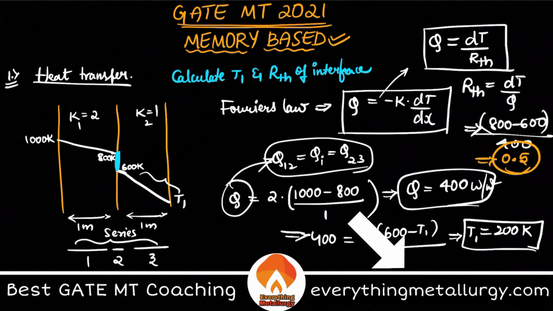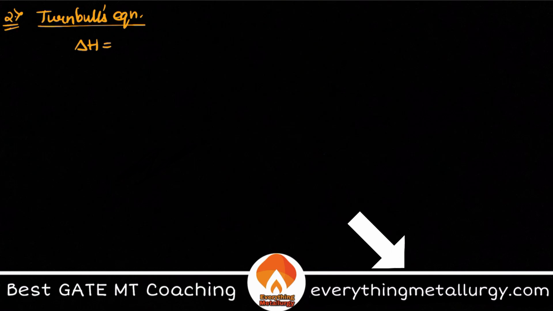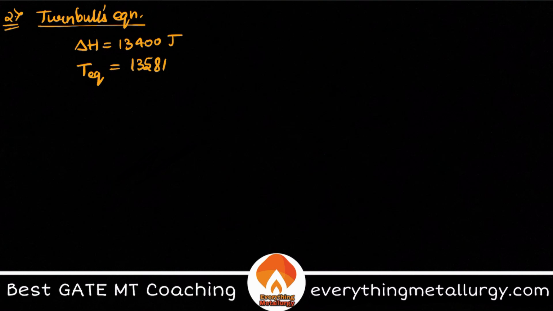So this is the question for heat transfer. Now coming to the next question, which is again an easy question based on Turnbull's equation. They gave copper with delta H of about 13400 joules, and the melting or equilibrium temperature is 1358 Kelvin.